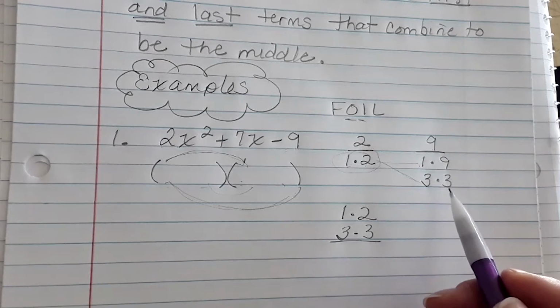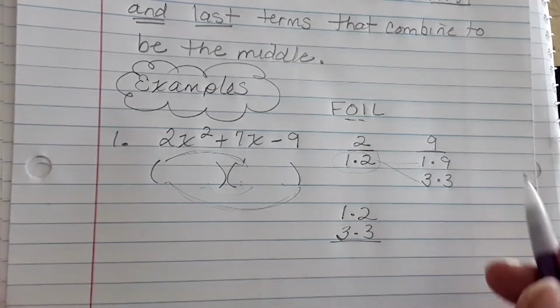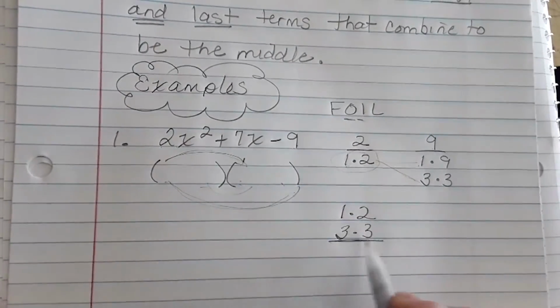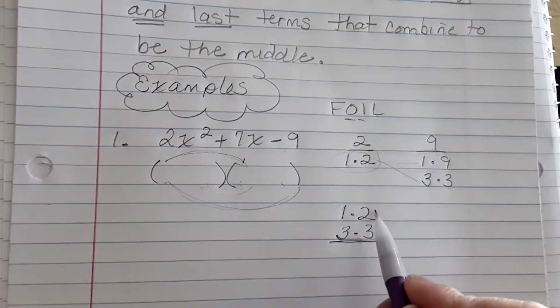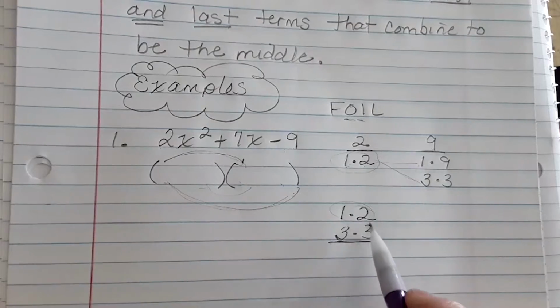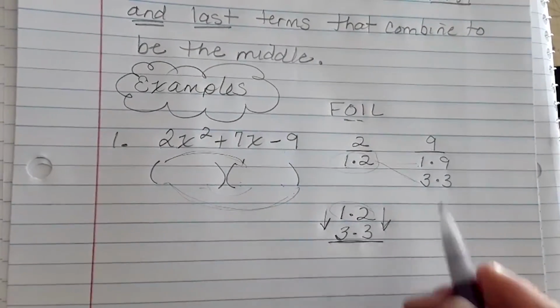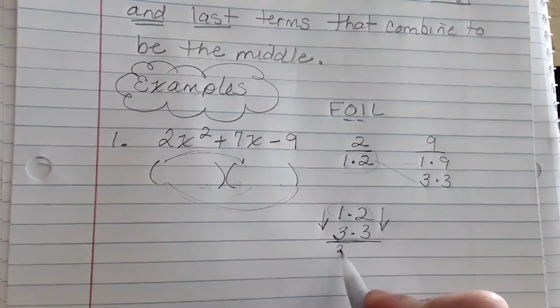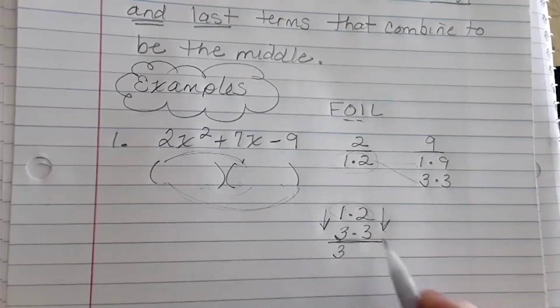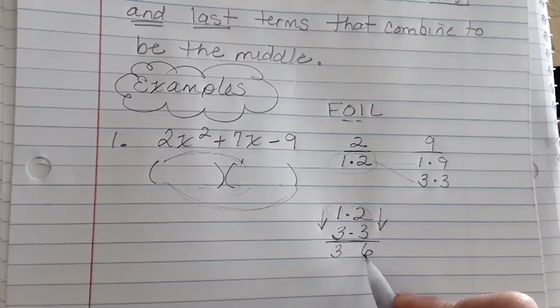And they will create your outer and inner terms. So if I set them up like this, one way to get a value from this set to multiply by a value from this set is to multiply up and down. So you have 1 times 3, which is 3, and you have 2 times 3, which is 6.